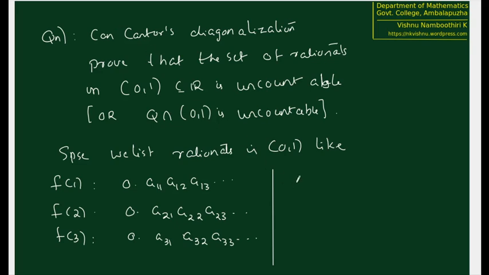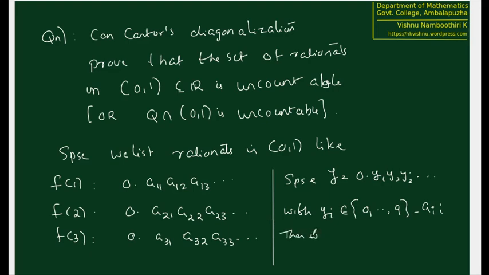Suppose that y equal to 0.y1, y2, y3, etc. is constructed in such a way that yi is not equal to aii. Then we will be definitely getting an element y that will not be in f of 1, f of 2, etc. That is for sure, because Cantor diagonalization is not going to actually fail.